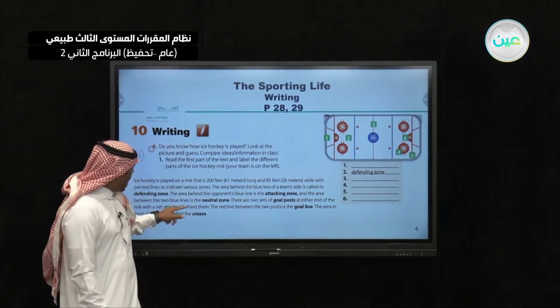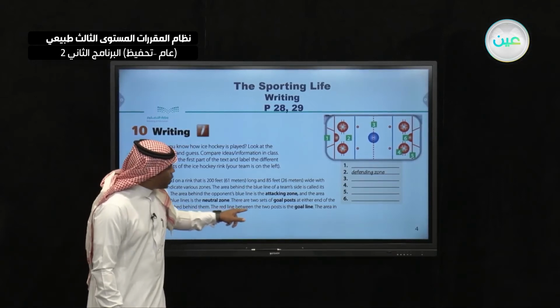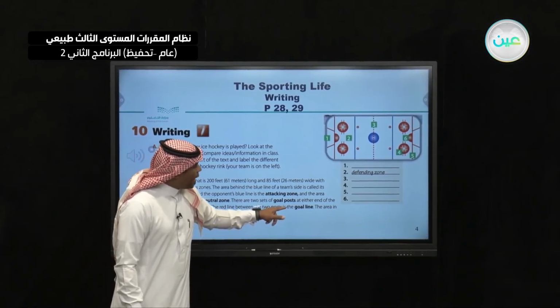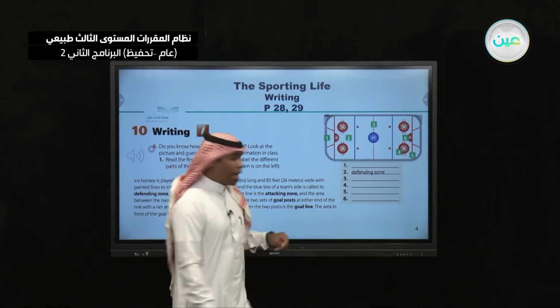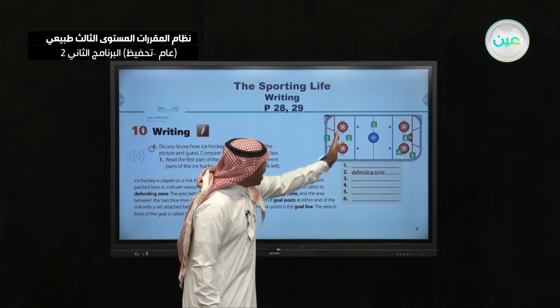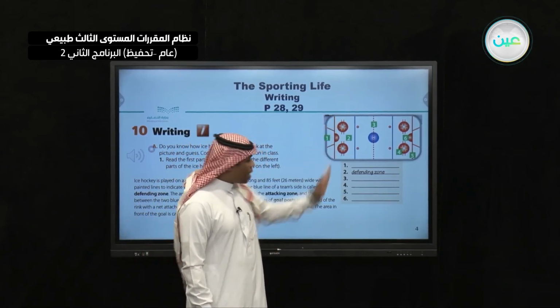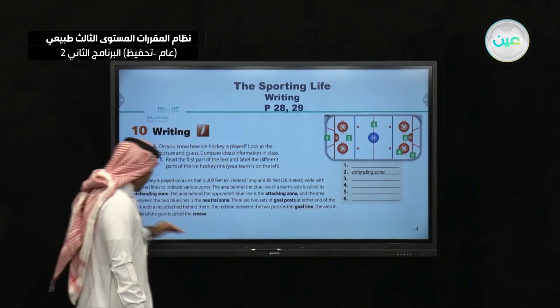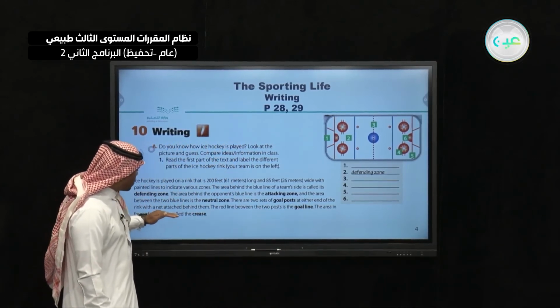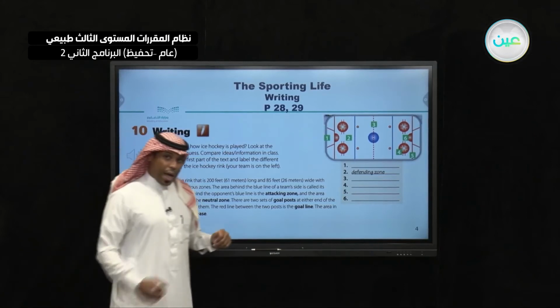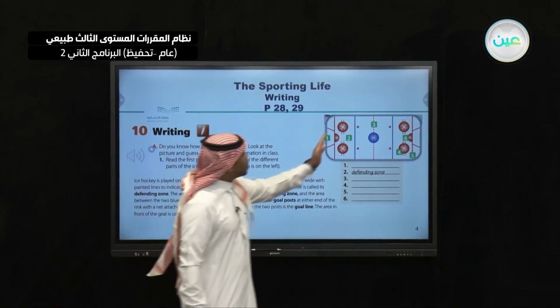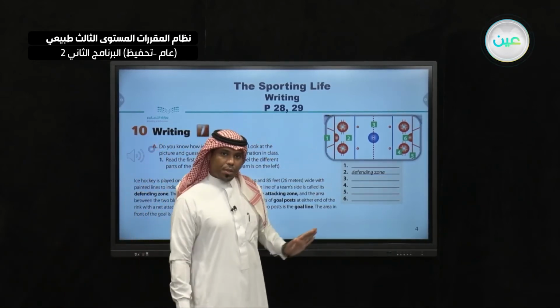Now, behind them, the red line between the 2 posts is the goal line. The area in front of a goal is called the crease.